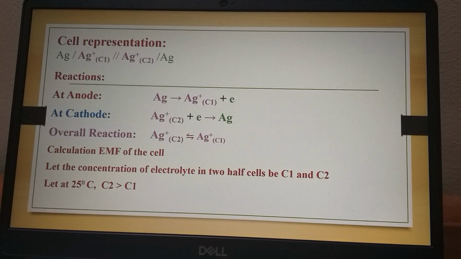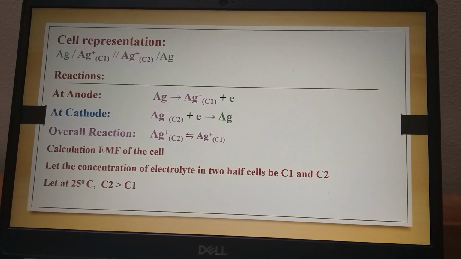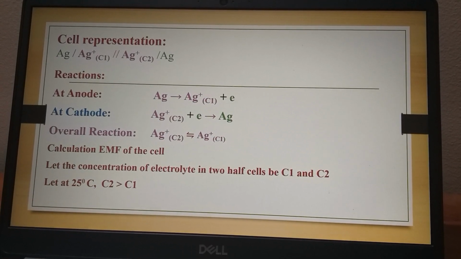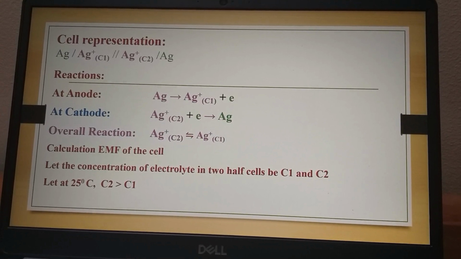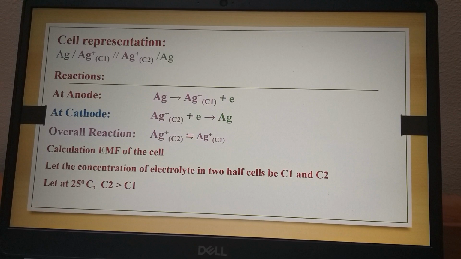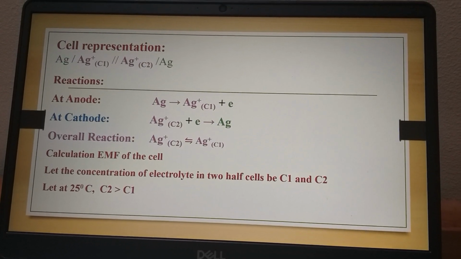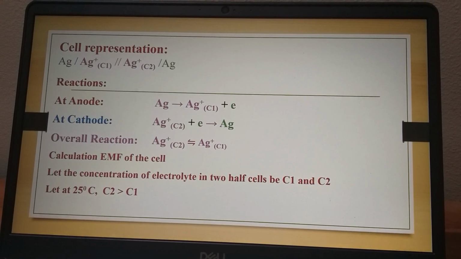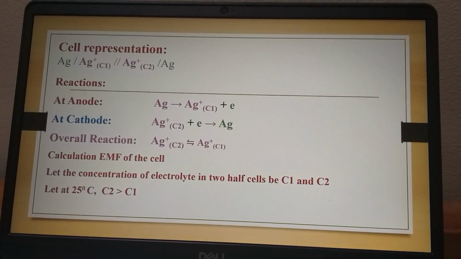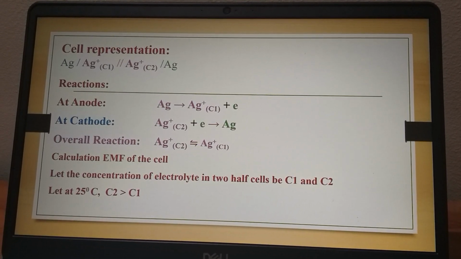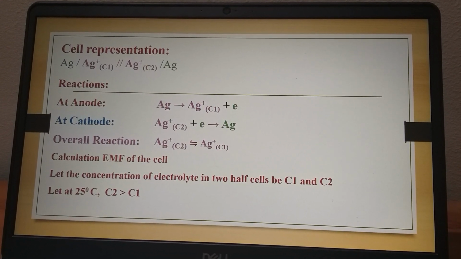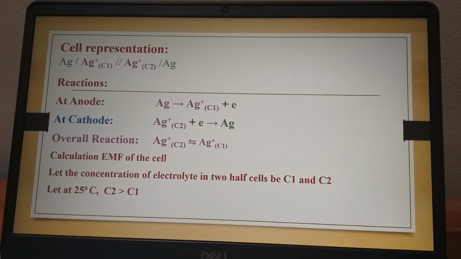The cell representation is Ag, Ag+ C1, salt bridge, Ag+ C2, that is, the concentration of the silver ions in the cathodic compartment, and silver electrode in the cathodic compartment. So whenever we are writing the concentration cell, the concentrations of the electrolyte should compulsorily be written.